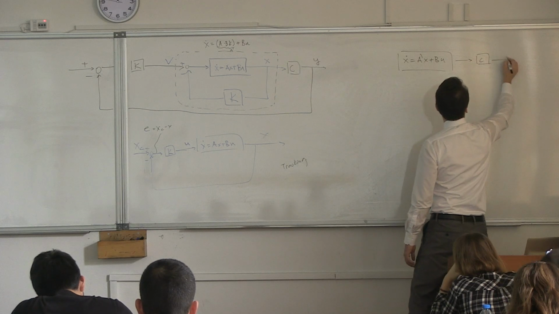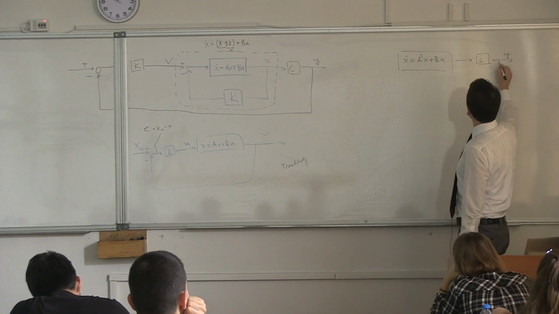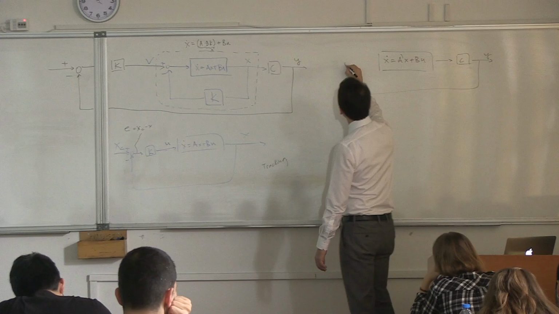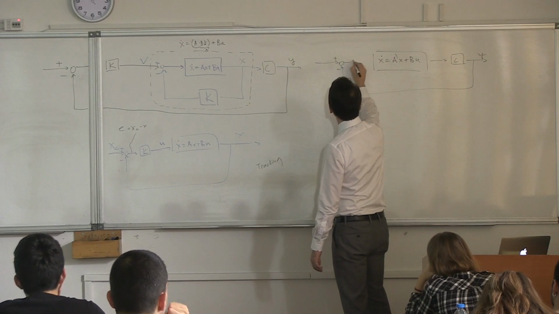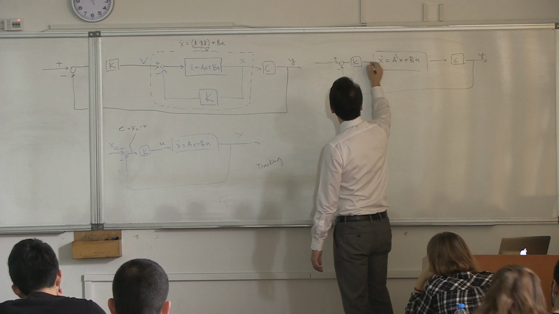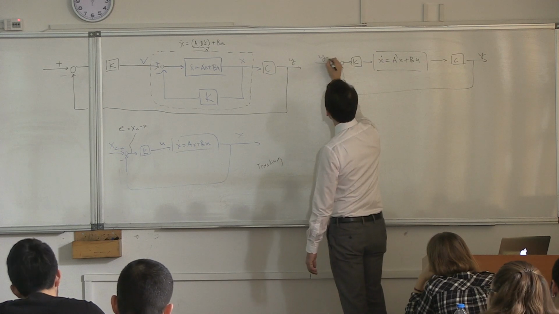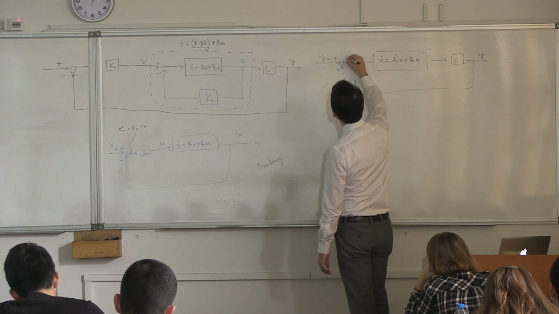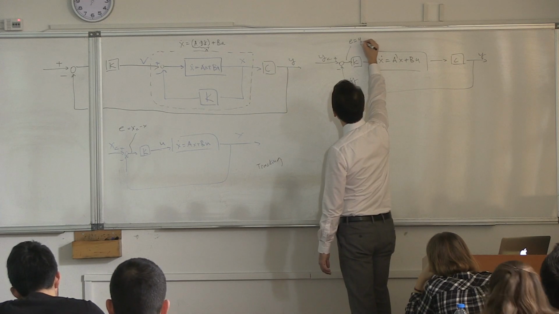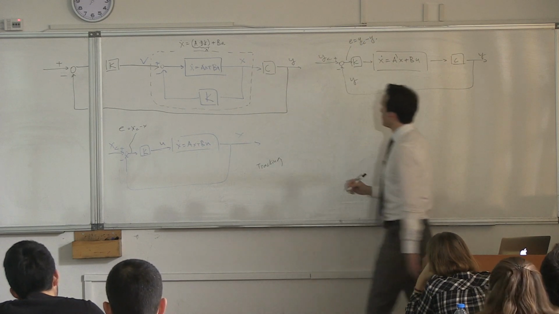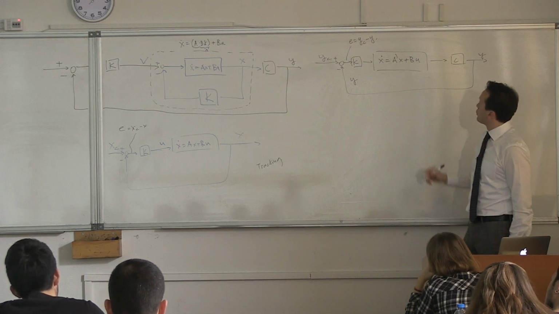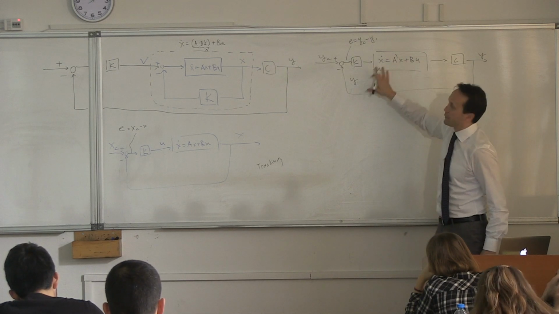Take one of the variables, say y, and design what we call a tracking controller. So in that case, this would be y command, and this would be y, and this would be error is equal to yc minus y, okay? So this would be like a controller within another controller.